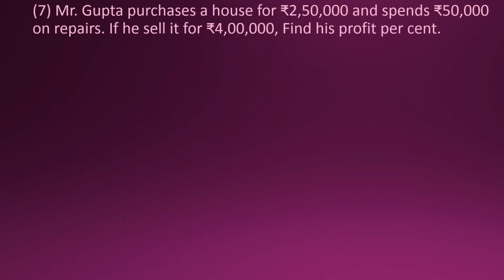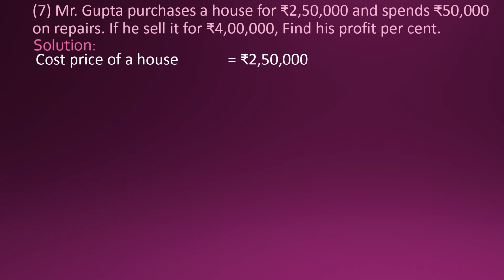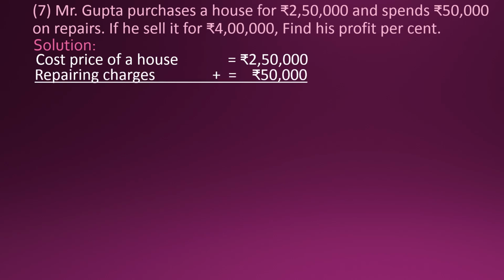Next is question number 7. Mr. Gupta purchased a house for rupees 2,50,000 and spends rupees 50,000 on repairs. If he sells it for rupees 4 lakh, find his profit percent. See, in this question, first we will find out the actual cost price of a house. So write down cost price of a house is equal to rupees 2,50,000 and repairing charges is equal to rupees 50,000.